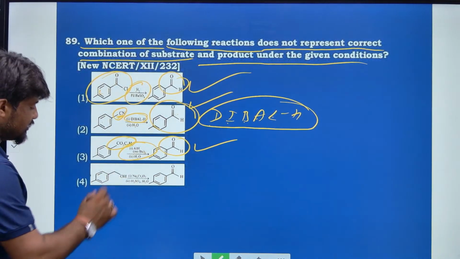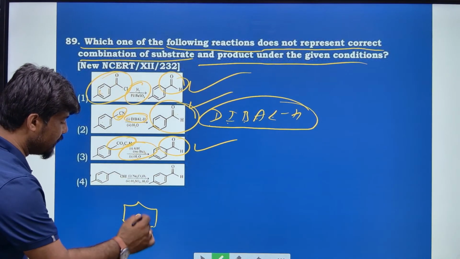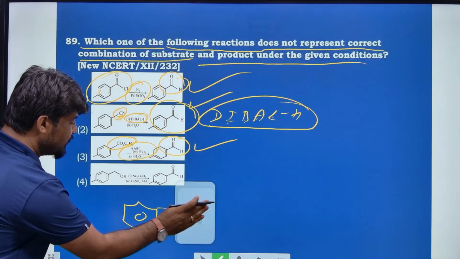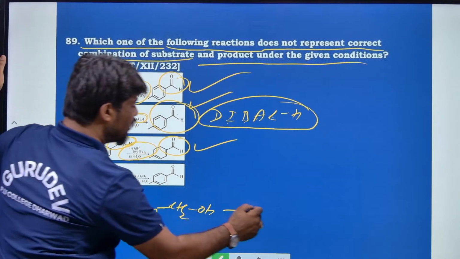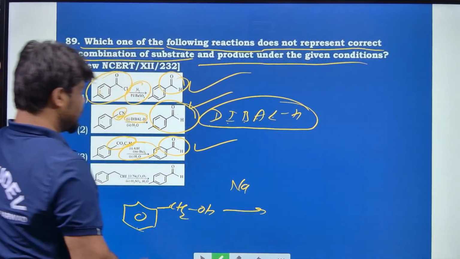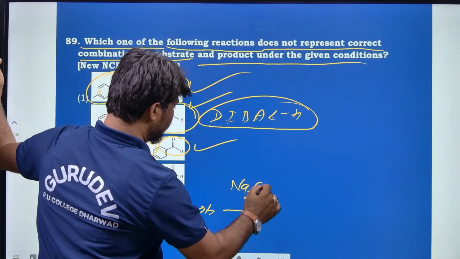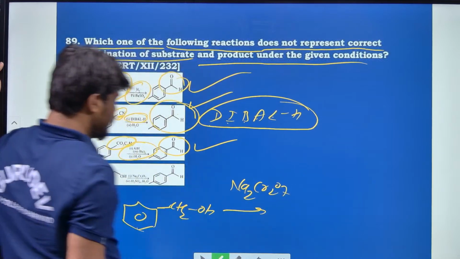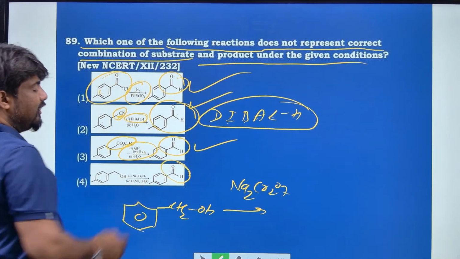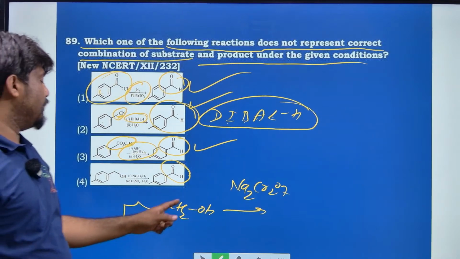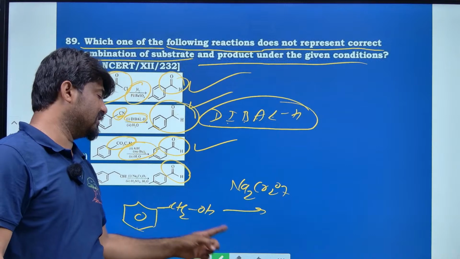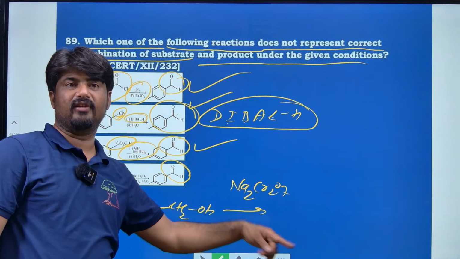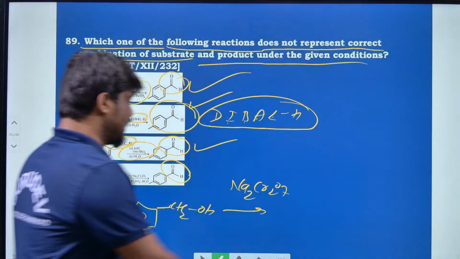The last one is benzyl alcohol, C6H5-CH2-OH. When benzyl alcohol is treated with sodium dichromate, Na2Cr2O7, they said here it gives aldehyde. Actually, when benzyl alcohol is treated with sodium dichromate, it oxidizes the alcohol into aldehyde, which further undergoes oxidation and gives carboxylic acid.